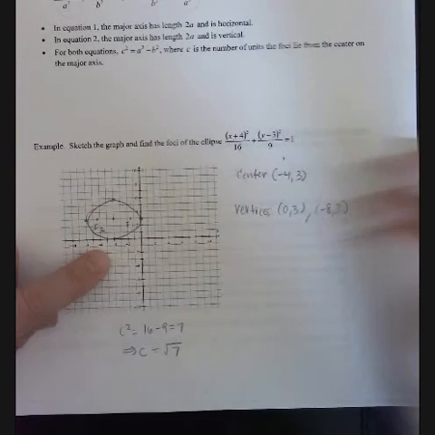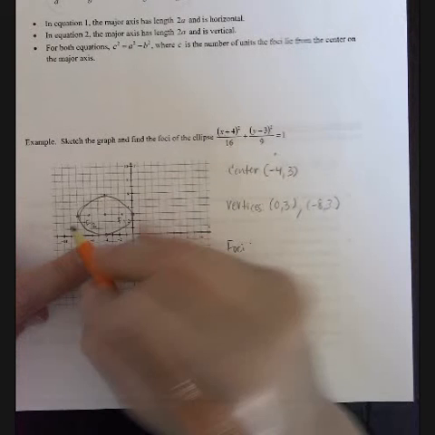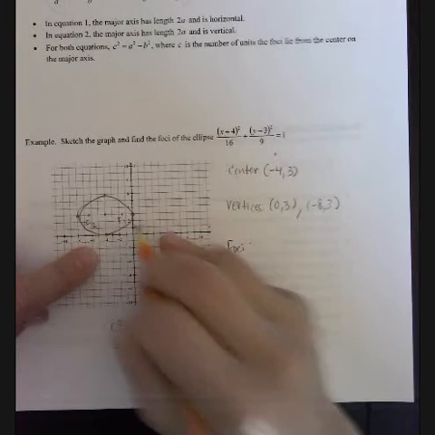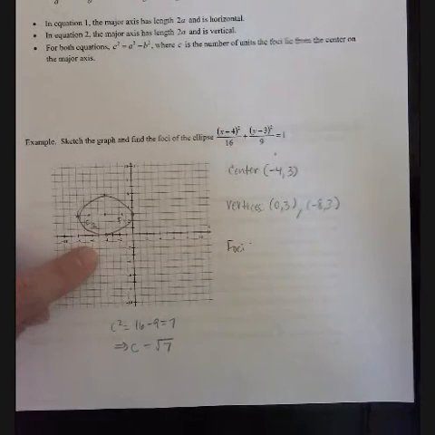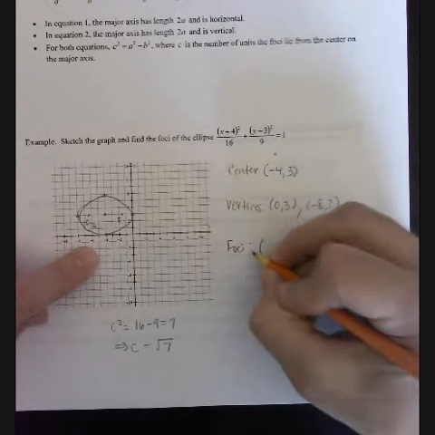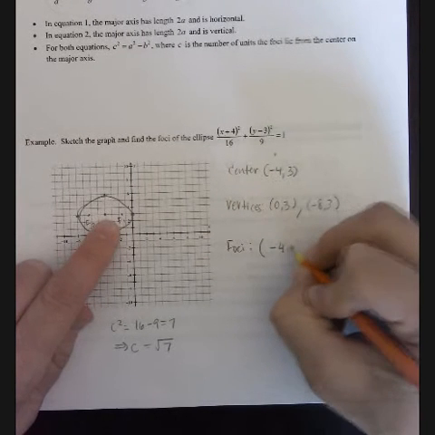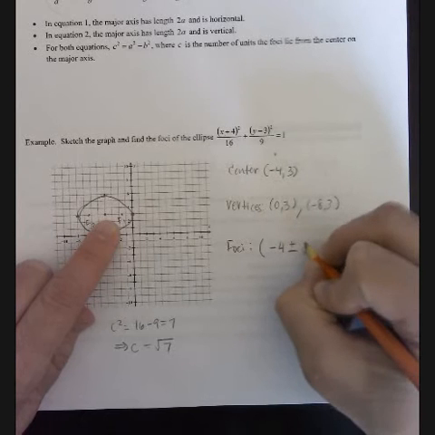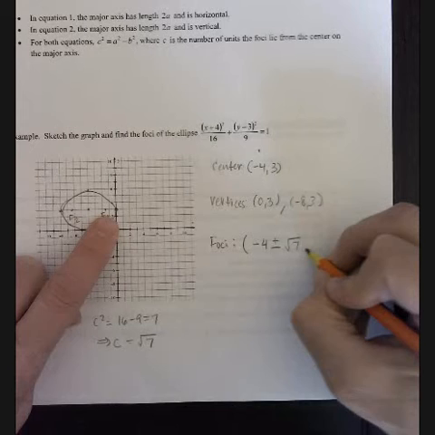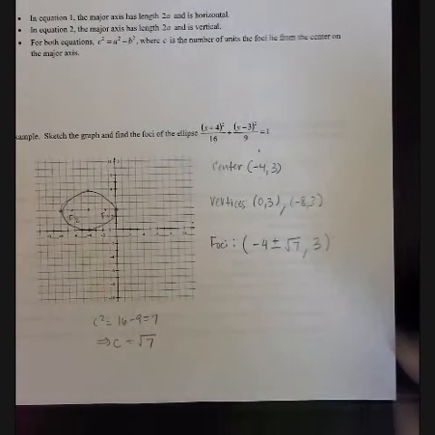For the coordinates of the foci, notice the y-coordinate is the same for the vertices and the foci and the center. For the x-coordinates, we can just go from the center, the x-coordinate of which is negative 4, and then add and subtract the square root of 7 from that. Those are our two x-coordinates, and then the y-coordinates are the same, 3. So you can write that as one expression.